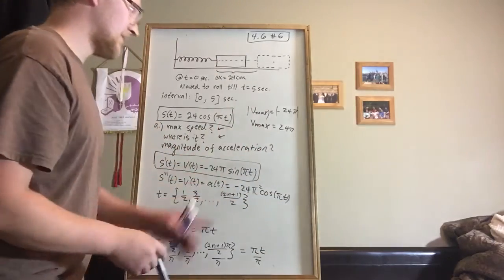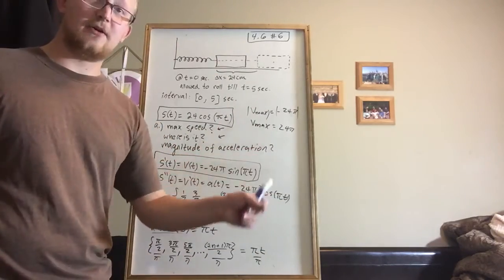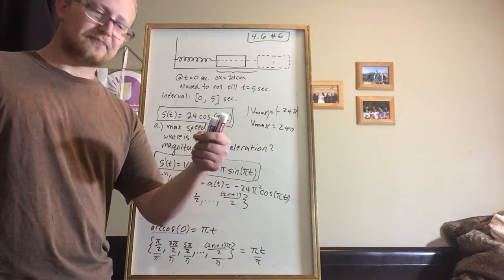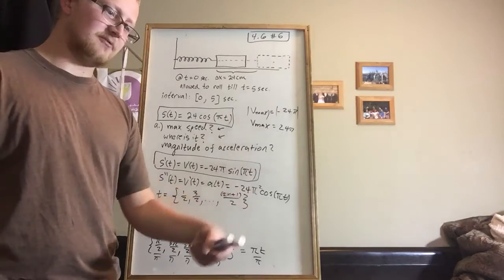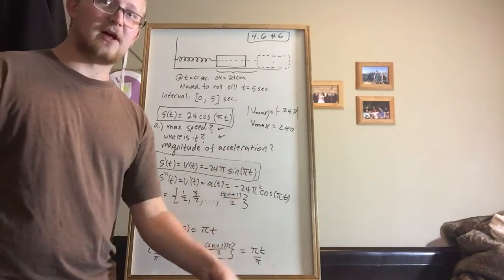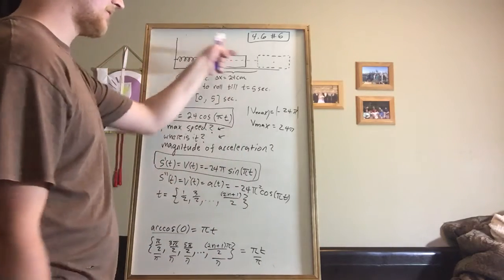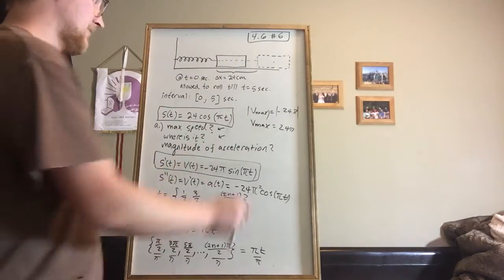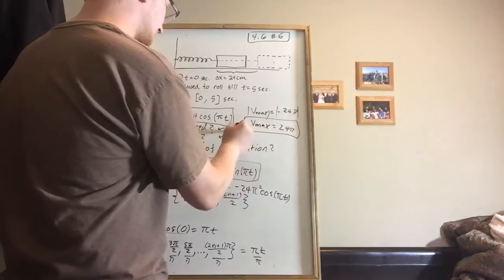So it doesn't really matter, because we know that our maximum velocity is going to be equal to the absolute value of the minimum velocity, which is a negative velocity versus a positive velocity. So we've solved the first problem.